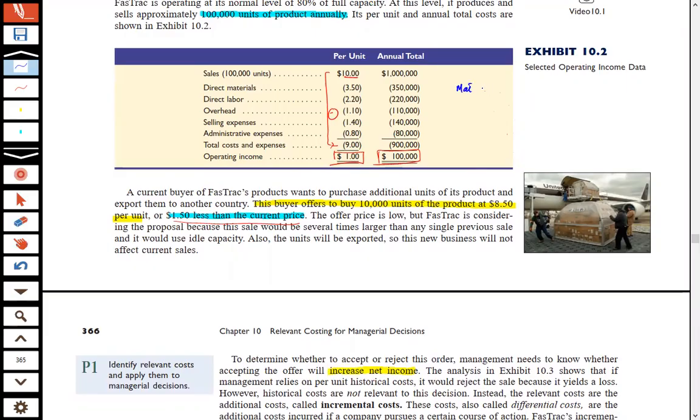So if we revise our CM analysis, it would be like this. Sales is 85,000. Do it per unit: 8.5. Material is 3.5. Labor is 2.20.